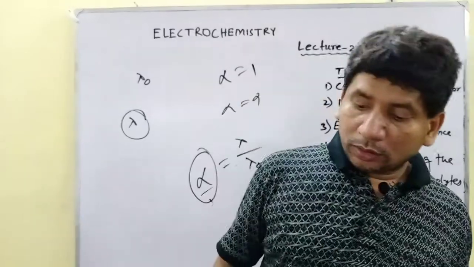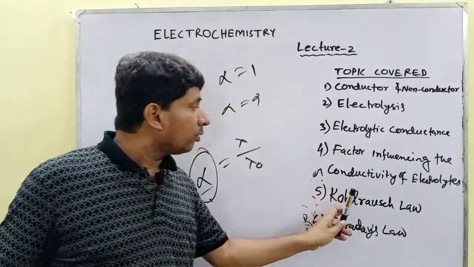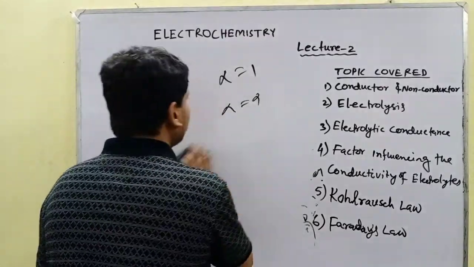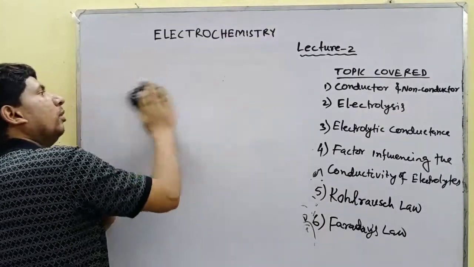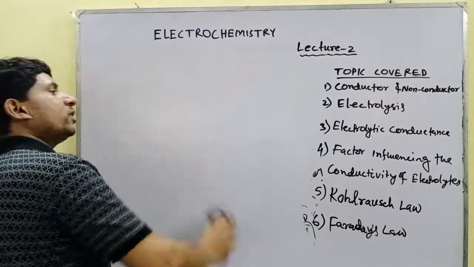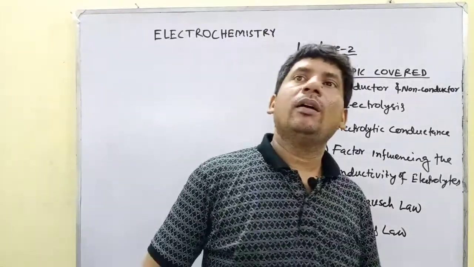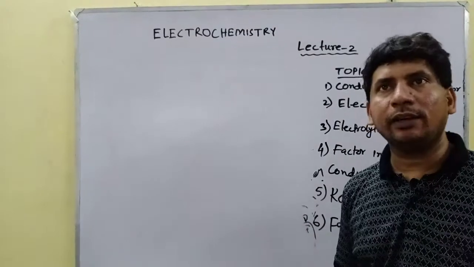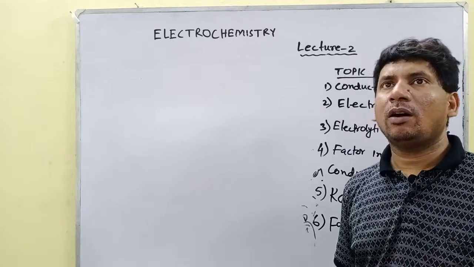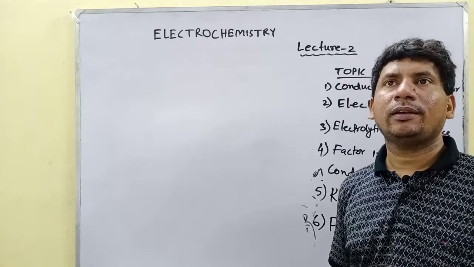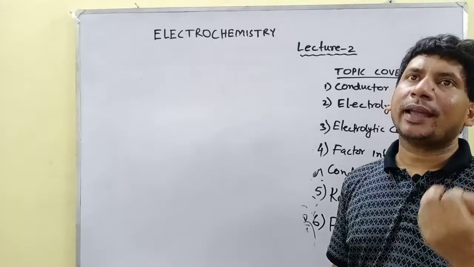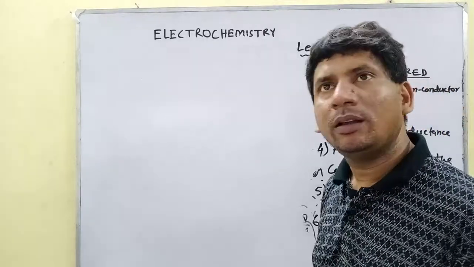Now there is Kohlrausch's law. Scientist Kohlrausch, who is very important in electrochemistry, said that this law states the equivalent conductance or conductivity of any electrolyte at infinite dilution is the sum of the ionic conductance of the cation and anion. What happened?